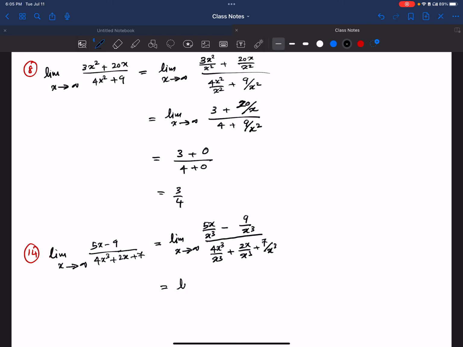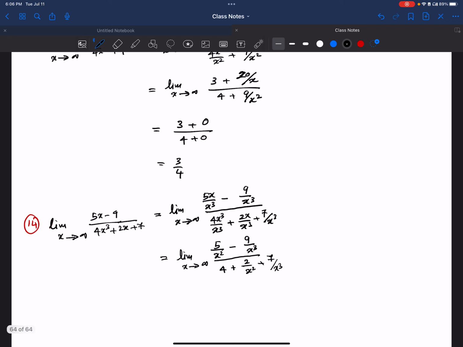So we have 5 divided by x squared minus 9 divided by x cubed, over 4 plus 2 divided by x squared plus 7 divided by x cubed.